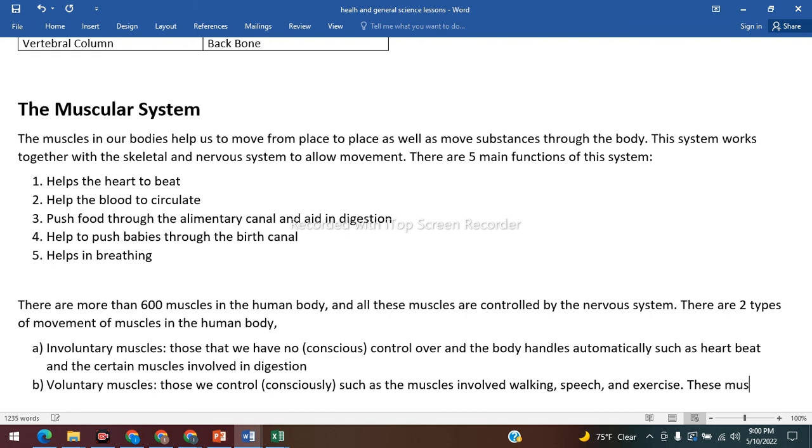These muscles are connected to the skeleton and are controlled by voluntary movement.